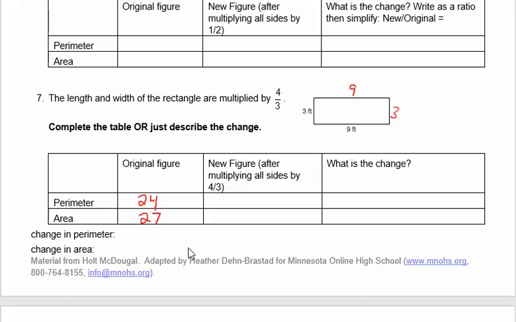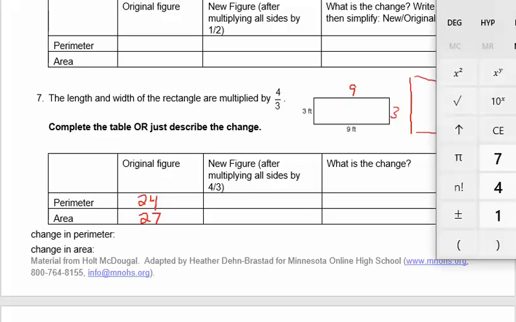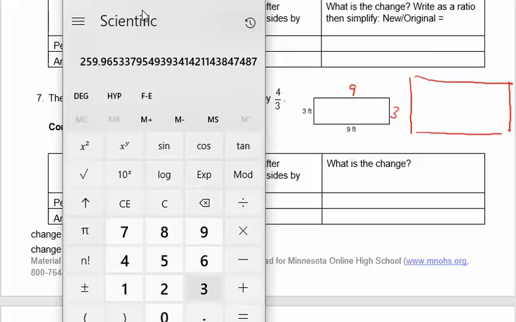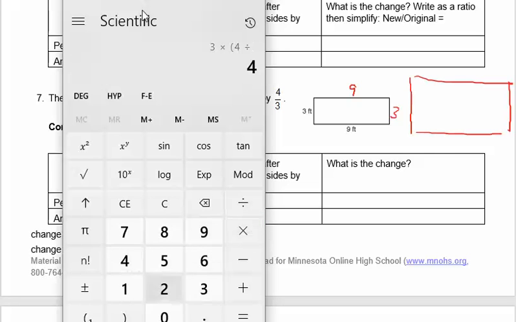Now the new figure, we would multiply all sides by 4/3, which is bigger than 1, so we're going to get a bigger rectangle. So we are going to take 3 times 4/3, and that is equal to 4.